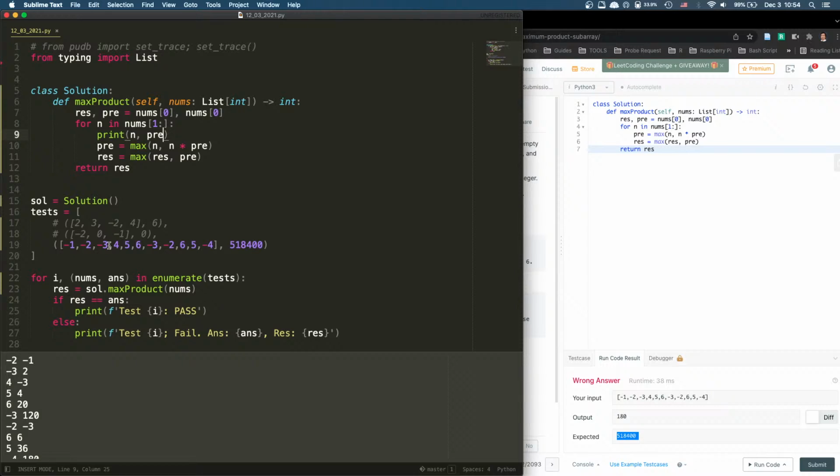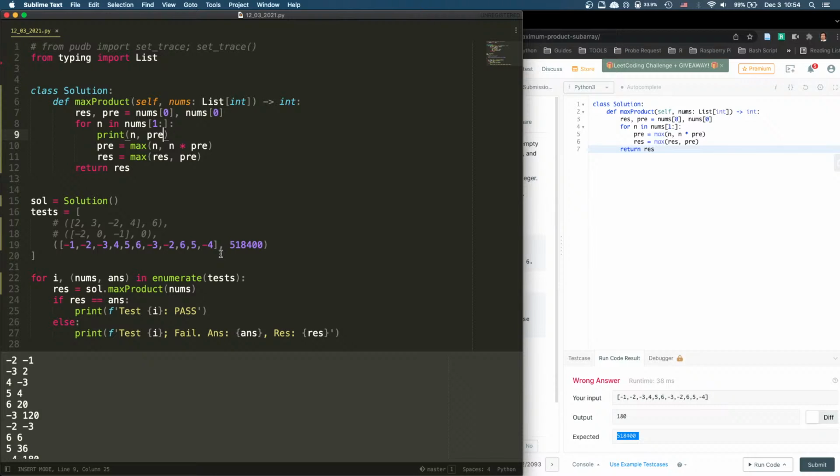Minus 3. As I multiply, it will be minus 6, right? So I'll take minus 3. That's why it can only add up to 180. Because I can, with all these minus, and all these minus, oh!